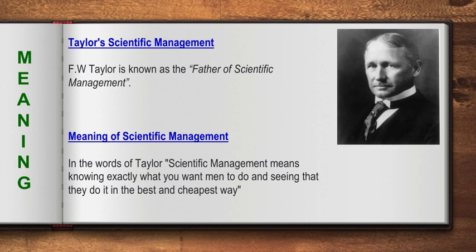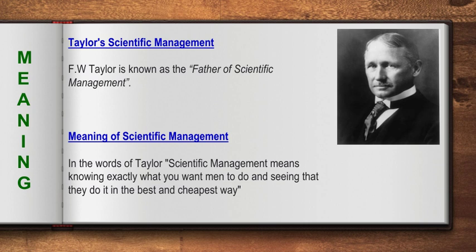Based on his findings, Taylor criticized the ineffective ways of the managers to handle the work situations and also for providing freedom to the employees for deciding their work methods and speed by themselves. So, this is the background story as to why Taylor proposed scientific management.